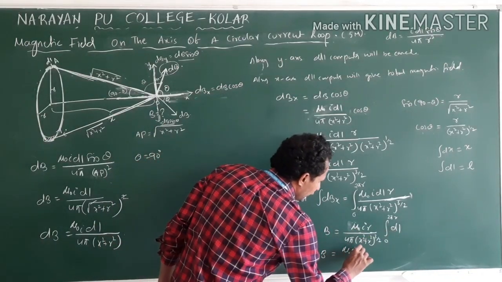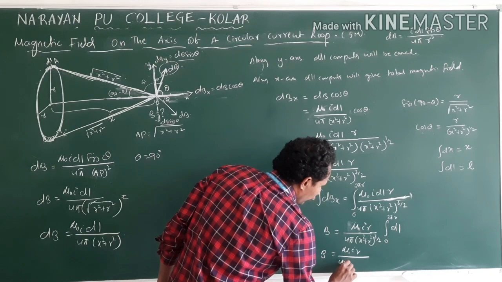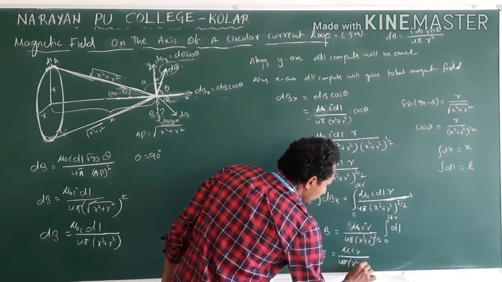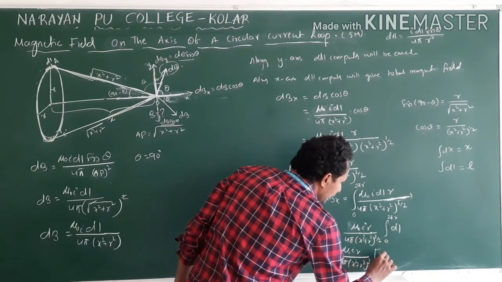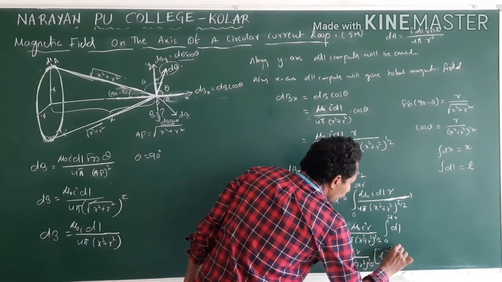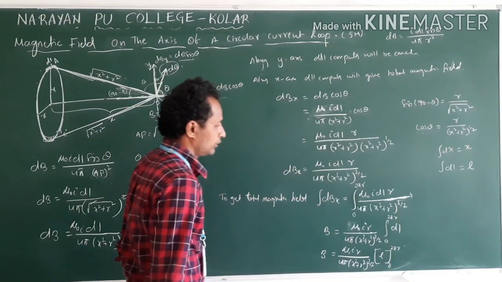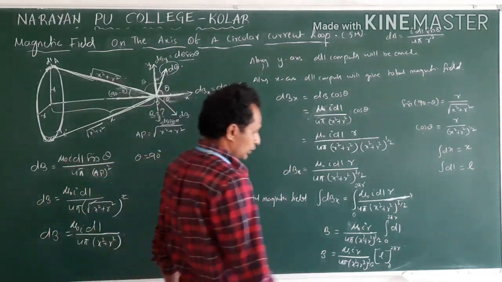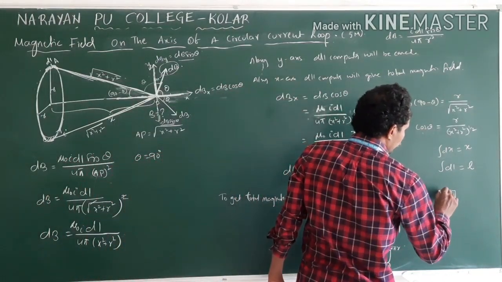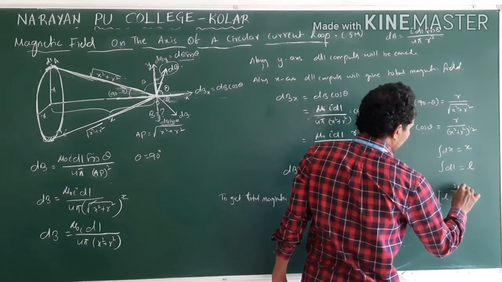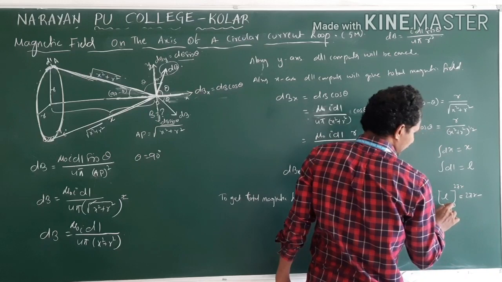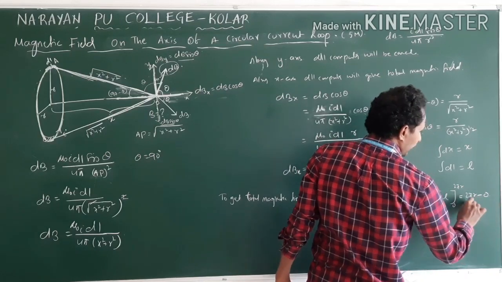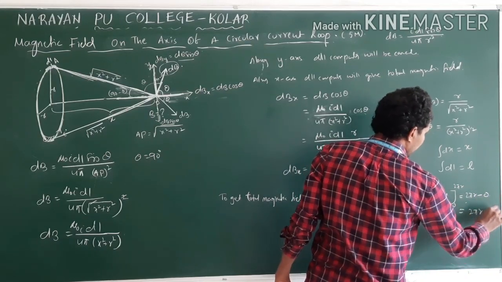Mu naught I r by 4 pi x square plus r square whole power 3 by 2, times the integral of dl, l from 0 to 2 pi r. Clear? Now here I am explaining how to substitute limits. Instead of l, first we substitute 2 pi r, minus next 0. So 2 pi r minus 0 is 2 pi r.